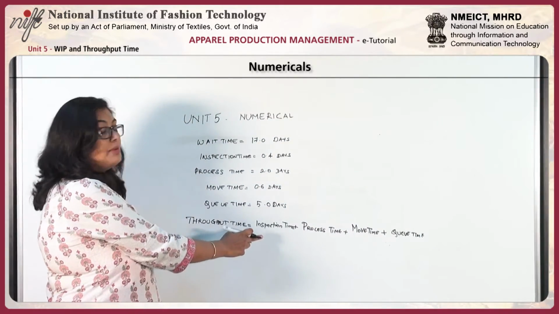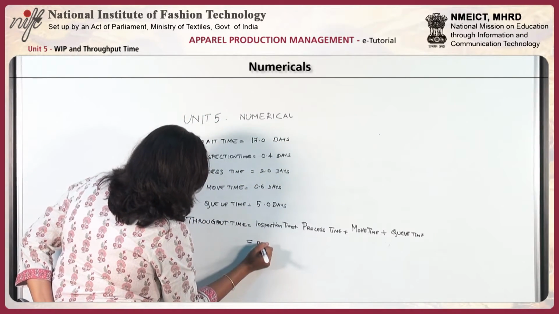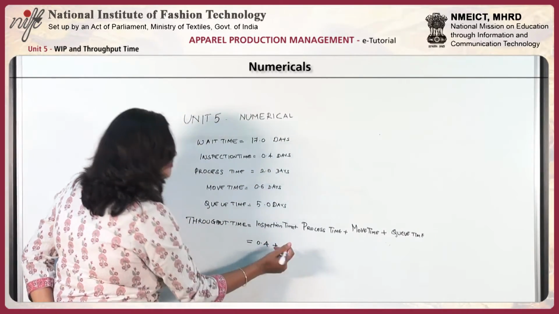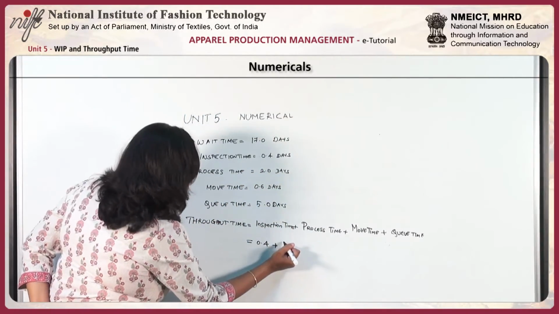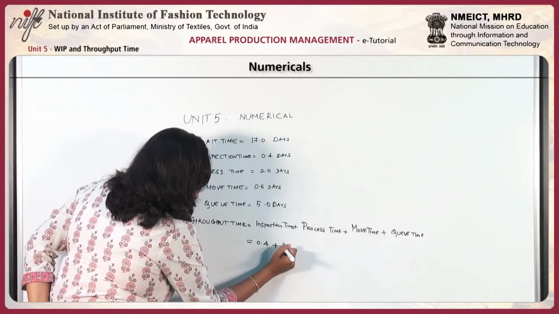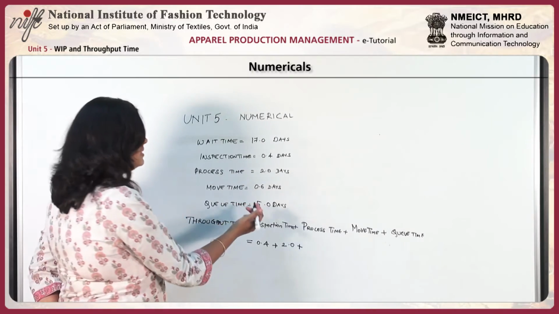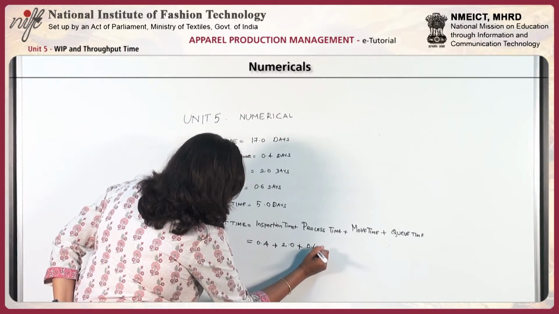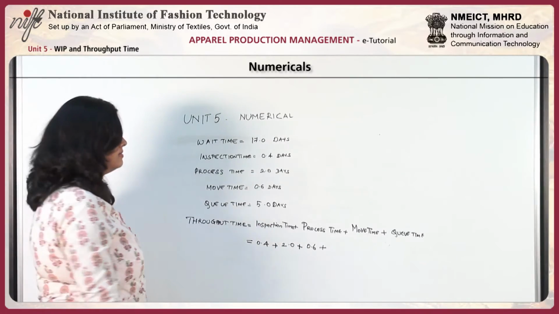So inspection time given here is 0.4 days plus process time given is 2 days. Move time given here is 0.6 days plus the queue time here is 5 days.